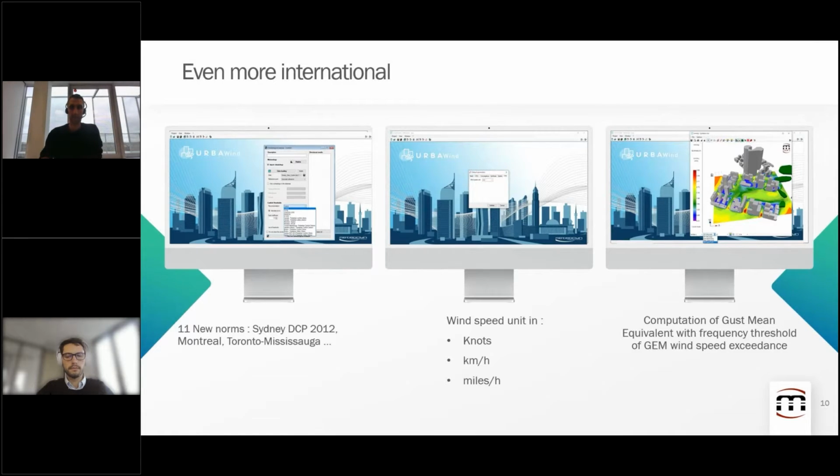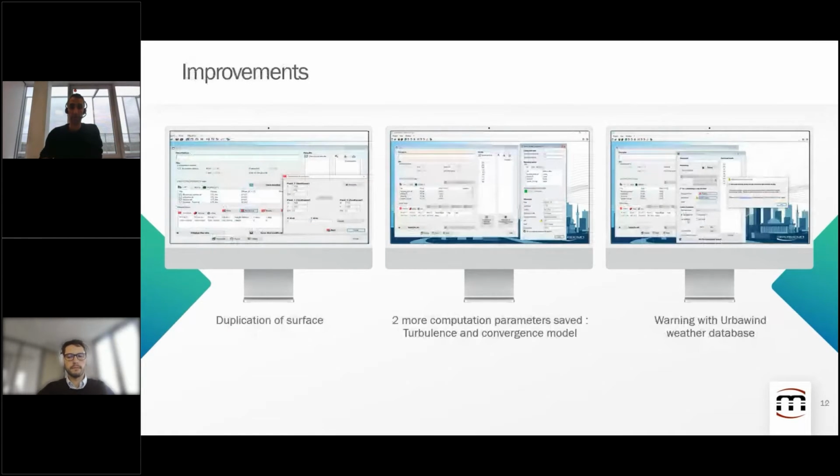So let's have a look at the improvements. This will save you some time. Basically, when you are running a case, you have, for example, balconies, and you want to look at multiple surfaces. You define the first surface and you want to look at the other surfaces.